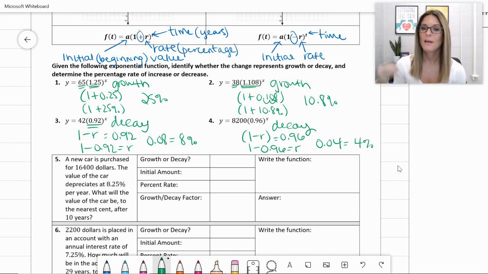So again, number 4 is a decay exponential function. That rate in the function is always written in terms of growth. It's only growing 96%. It's not even growing 100% each time to maintain what it had before. It's only growing by 96% each time or decaying by 4% each time.